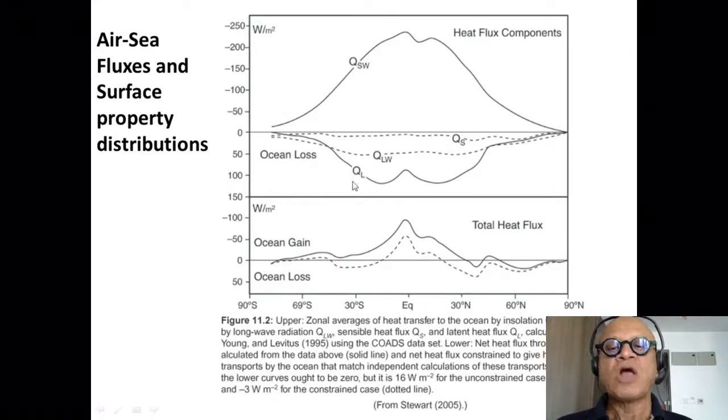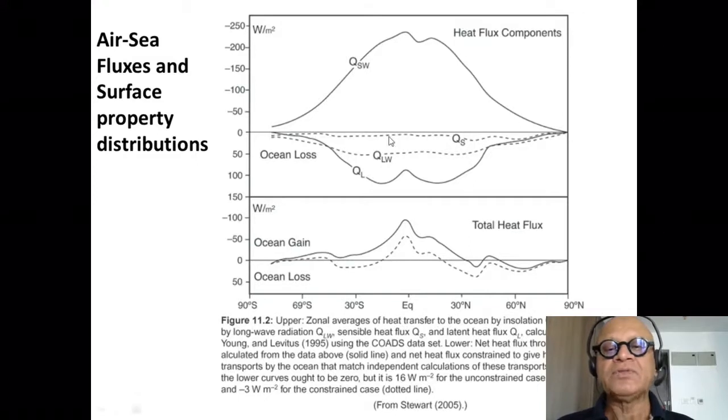Correct? You want the integration of the net heat flux, which is the sum of these terms as we had seen before when we did the mixed layer heat budget, to go to zero, because the ocean takes all the heat and moves it around and produces an equilibrium distribution of temperatures at some time scale, right?